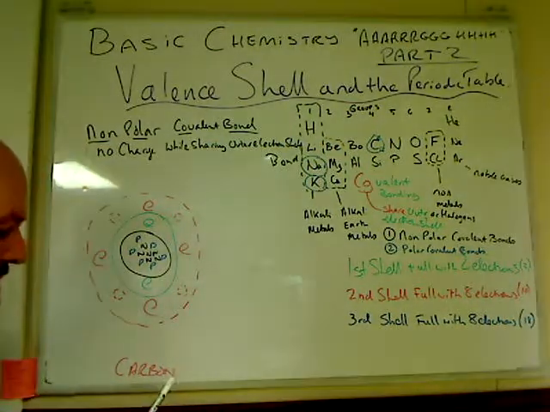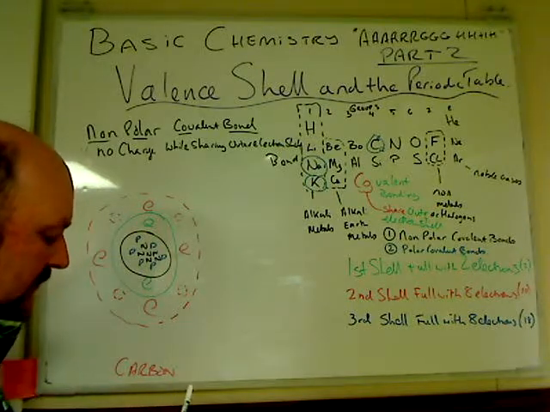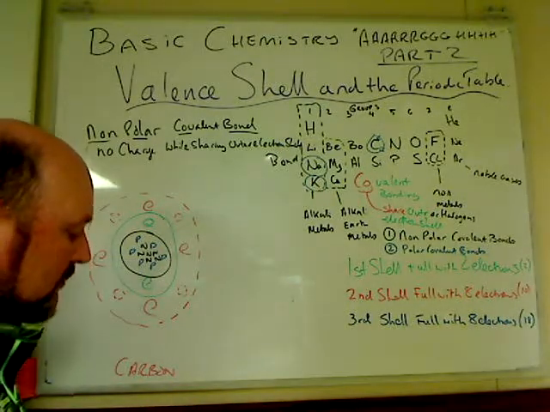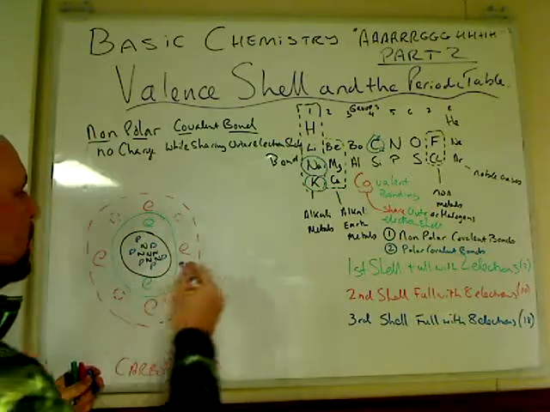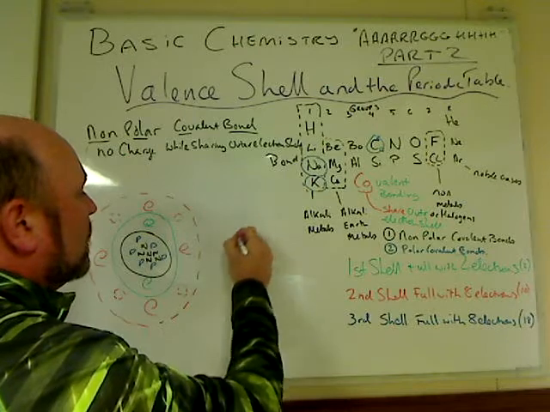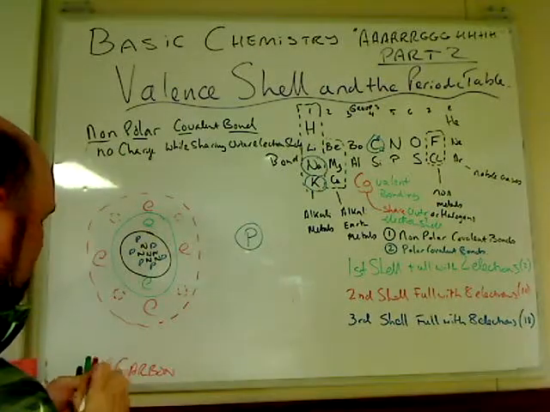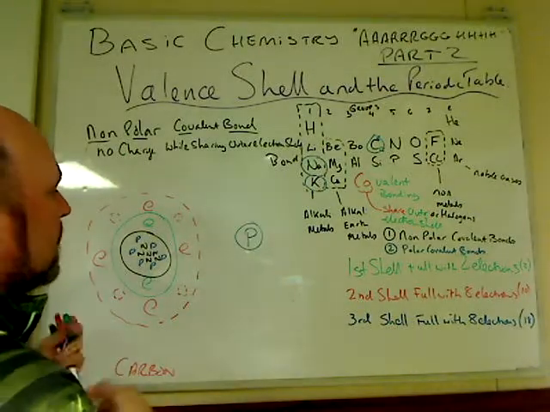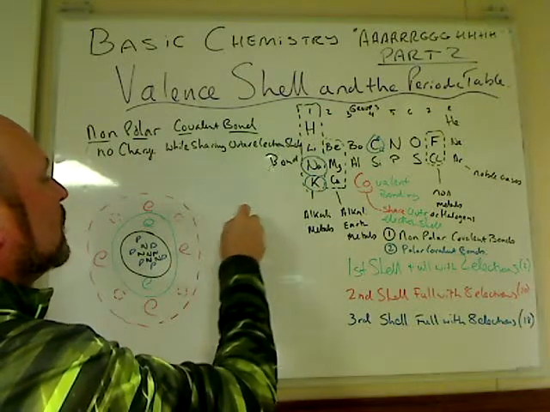Now, biologically, very commonly, carbon will associate with hydrogen, and hydrogen is 1 proton surrounded by 1 electron.